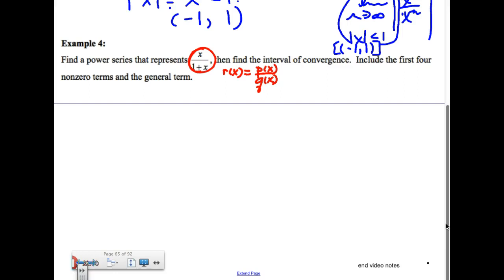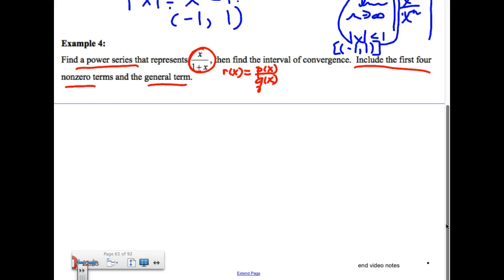So I'm doing the same thing here. I'm going to do my first 4 non-zero terms, my general term, and then I'll write the power series. If I were to do this with Taylor's rule, that would be a mess because my first derivative would require the quotient rule, and so would my second, and so would my third, and it would be very laborious. Long division actually is much quicker than Taylor's rule for ones like this, but it's awkward and people tend to make mistakes.